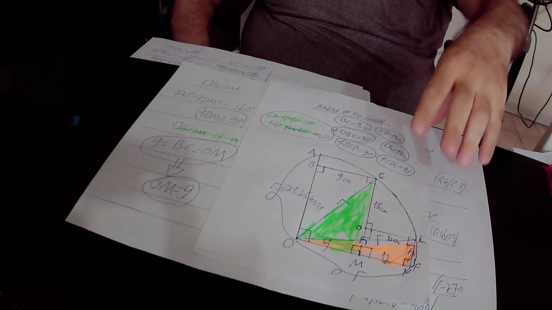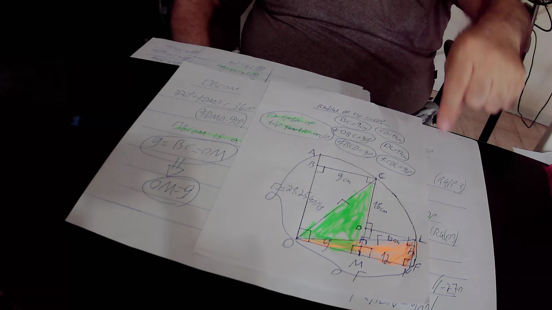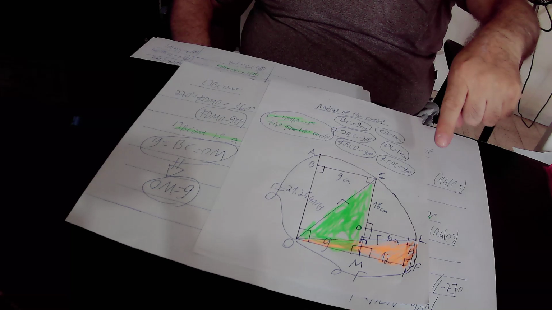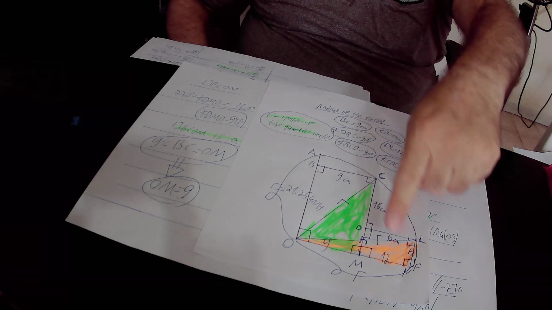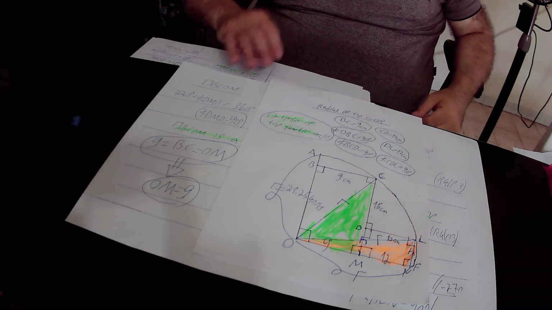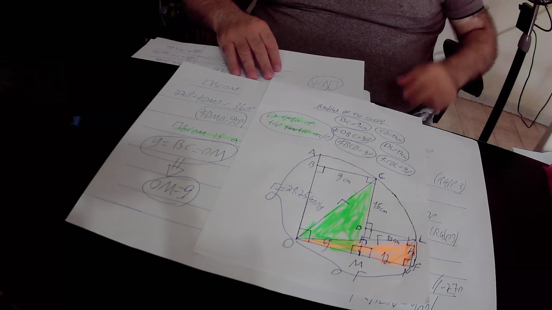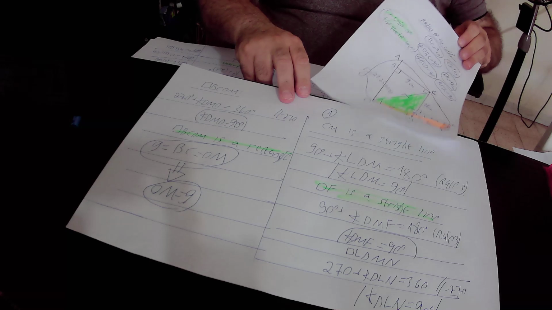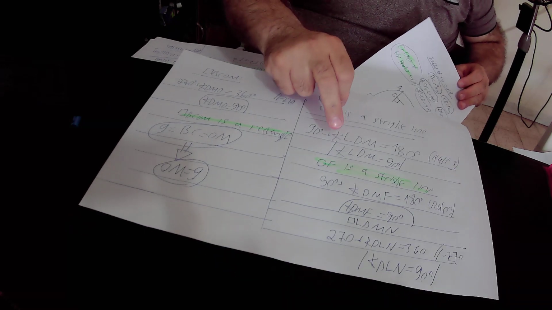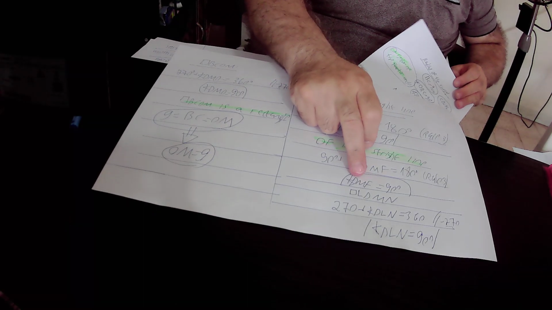By doing this construction, we created quadrilateral LDMN. Inside quadrilateral LDMN, we have three right angles.